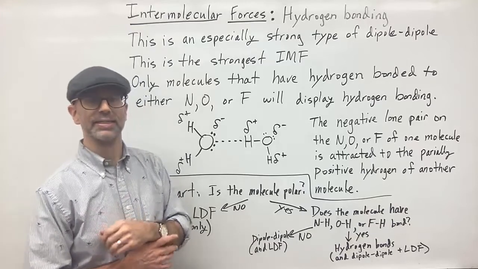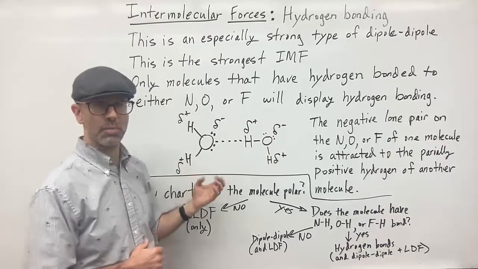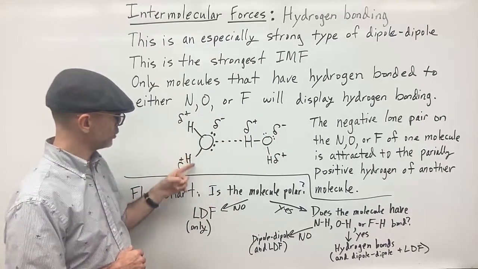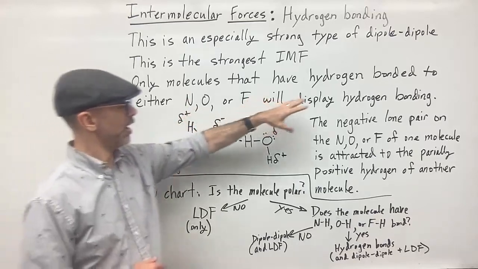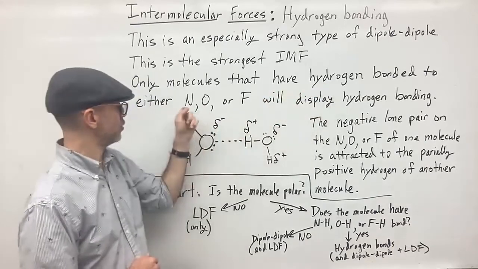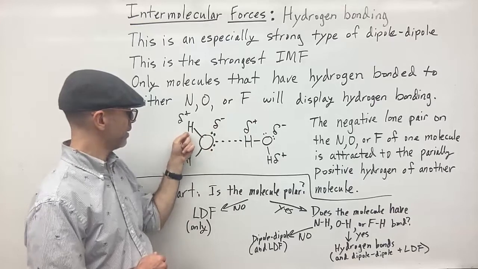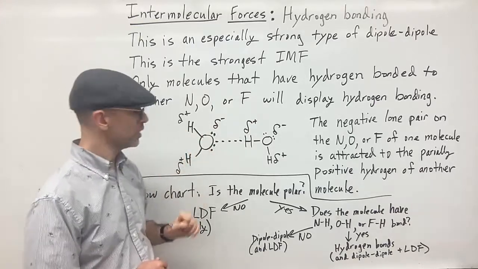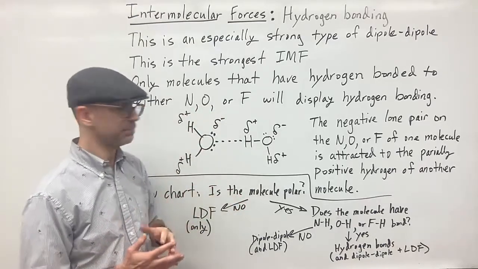So what exactly is hydrogen bonding? Well, here's a picture of two water molecules. You'll notice that water molecules have two hydrogens bonded to oxygen. So that fits our description here. You have a hydrogen bonded to either nitrogen, oxygen, or fluorine. Here, water has two hydrogens bonded to oxygen, so water will display hydrogen bonding.